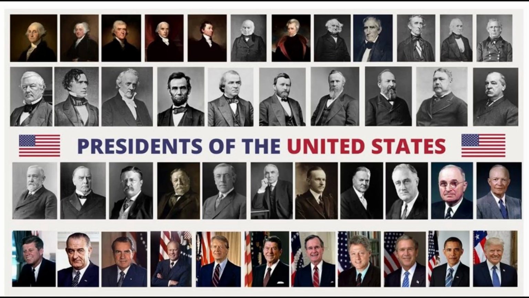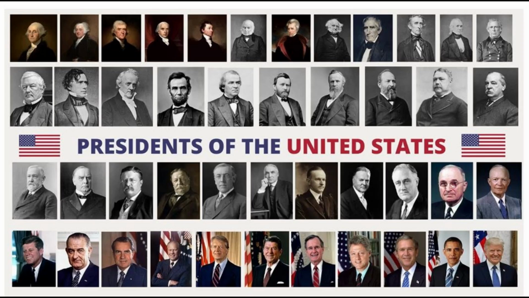The President must be at least 35 years of age, be a natural-born citizen, and must have lived in the United States for at least 14 years. And though millions of Americans vote in a presidential election every 4 years, the President is not, in fact, directly elected by the people.